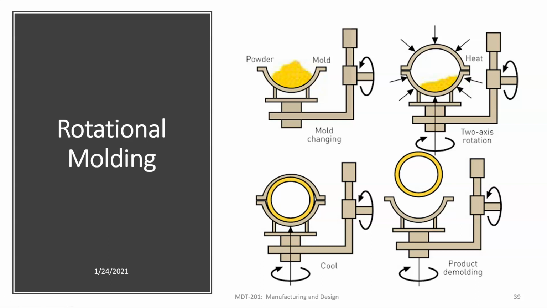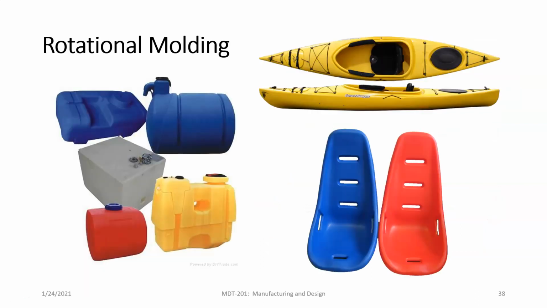I have some videos in the Canvas site for rotational molding as well. It's really neat, and I think I have a video of them making a kayak. I thought that was kind of interesting because you never think about how some of these structures are being made. A kayak itself has a lot of different plastic components in it.